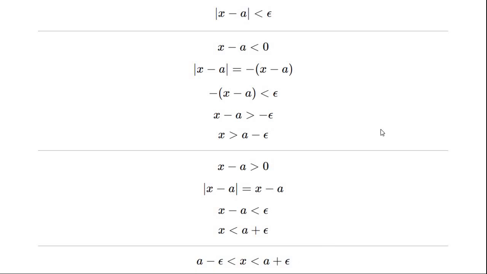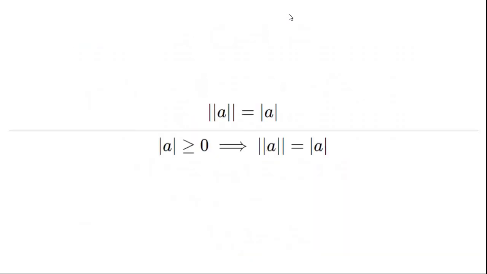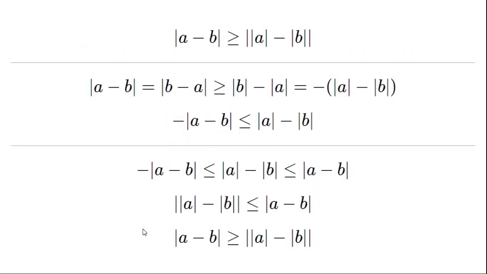And so we can rewrite that in a more simple way as the absolute value of x minus a is less than epsilon. So doing that same thing, we rewrite this as the absolute value of what's in the middle here, which is the absolute value of a minus the absolute value of b, is less than or equal to the absolute value of a minus b, which is the positive side. And of course that's the same as just writing it as the absolute value of a minus b is greater than or equal to the absolute value of a minus the absolute value of b.